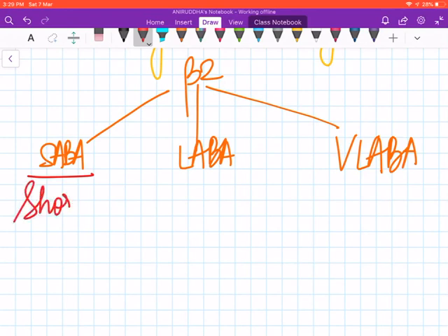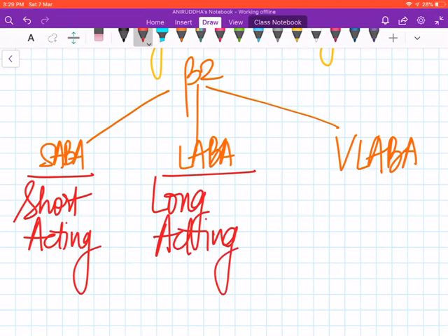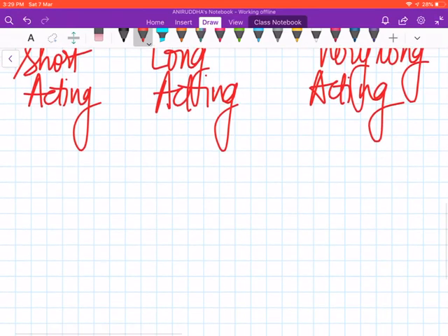These are the short acting beta agonists. What is LABA? These are the long acting beta agonists. And VLABA, these are the very long acting beta agonists.